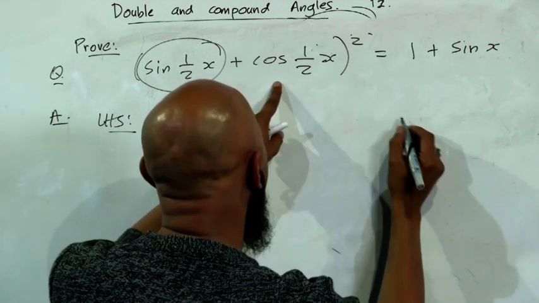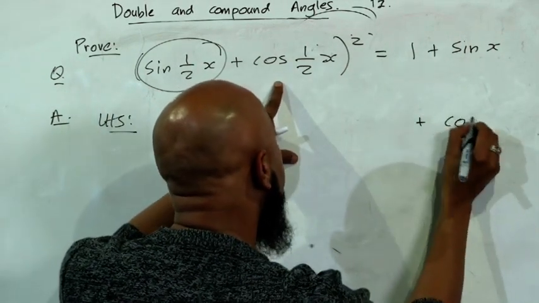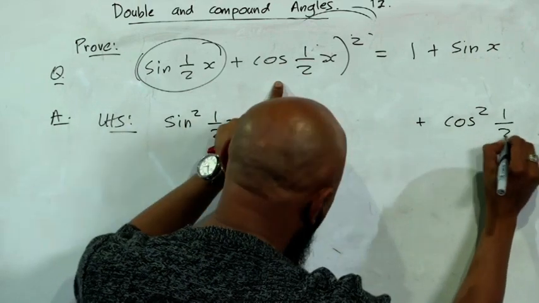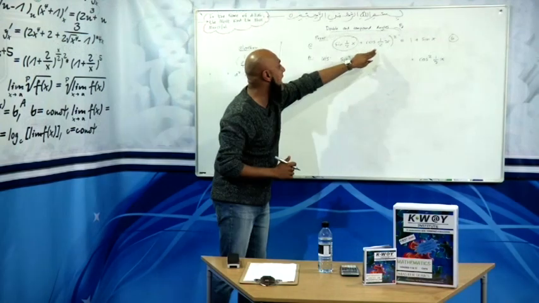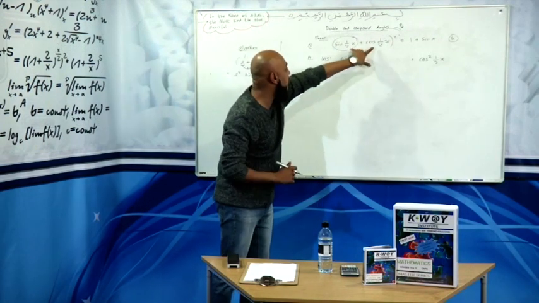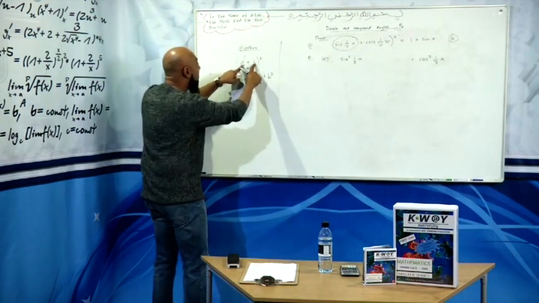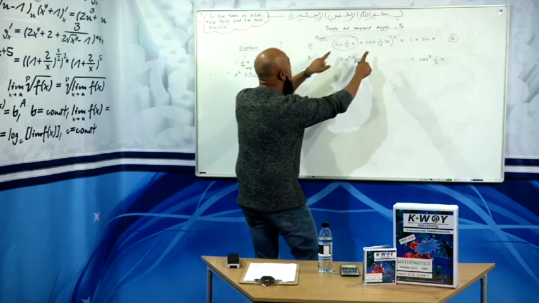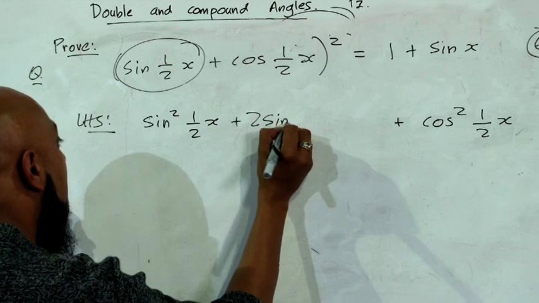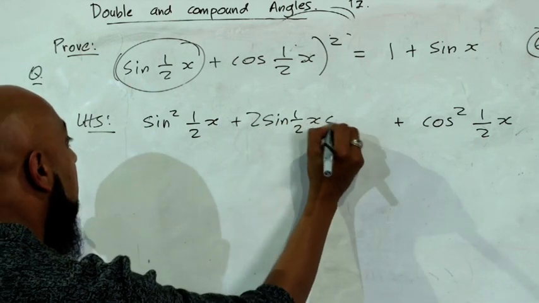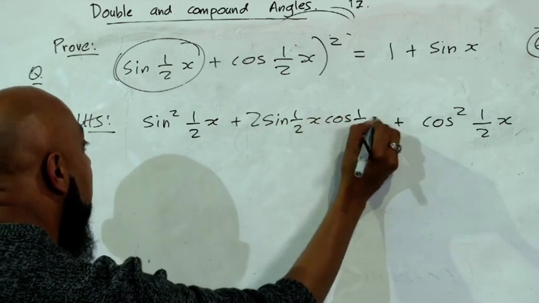Let's square the second term: plus cos squared half x. We now need to get our middle term. So we multiply the two and times it by 2, plus 2 sine half x cos half x.